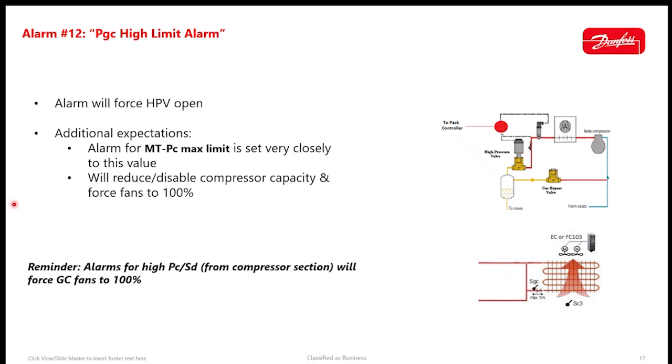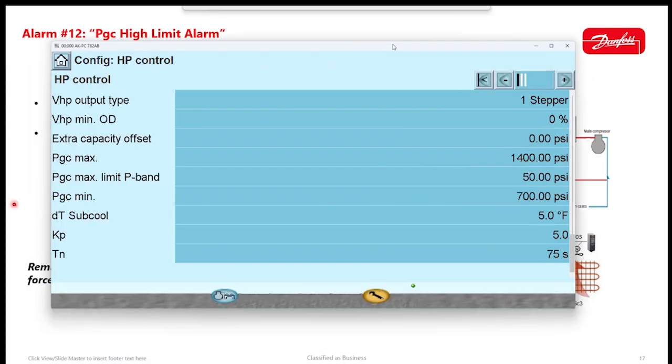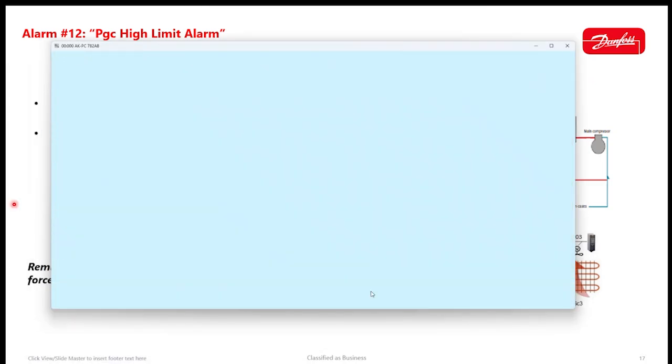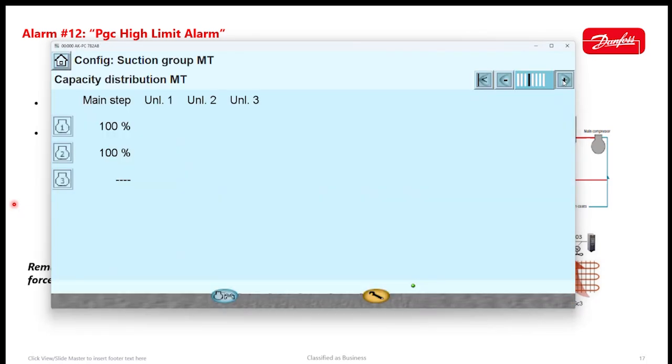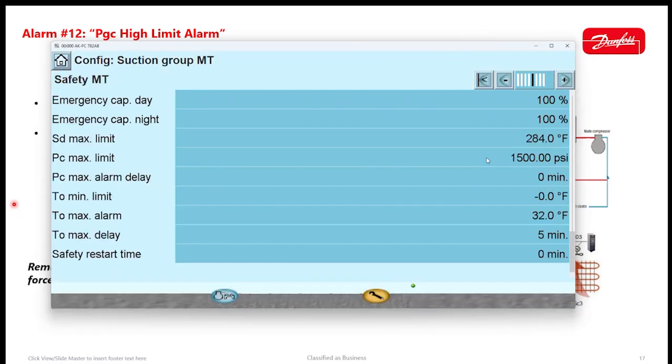The one setting that is indirectly linked here that we want to keep in mind is, and this again is only looking at the high pressure valve, but back under our suction area, we have the safety setting for PC max limit. Typically, these are set pretty close, if not the same value.